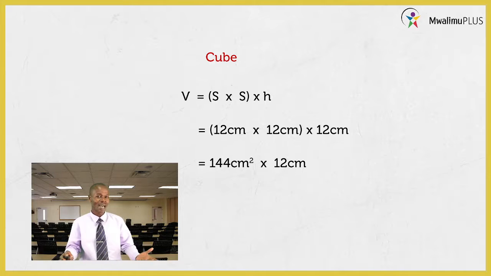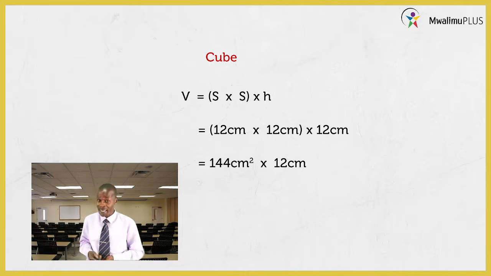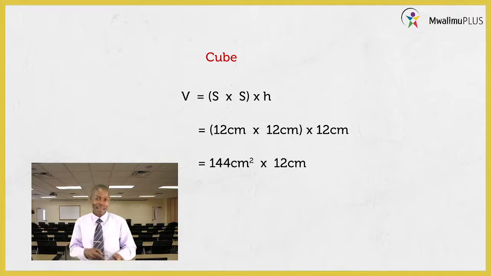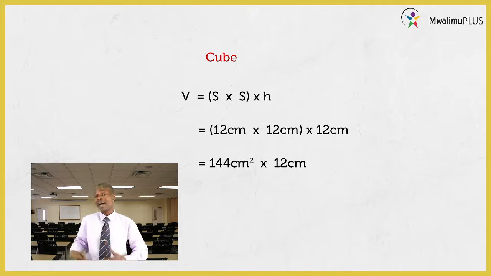In other words, now we are going to multiply the same number in 3 places: in the length, in the width, and in the height. So take the first two that make the base, that is 12 centimeters by 12 centimeters. Length times width, or simply call it side by side.